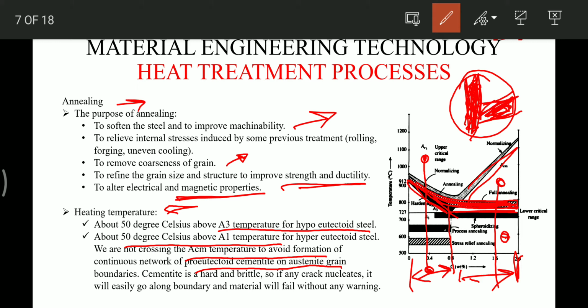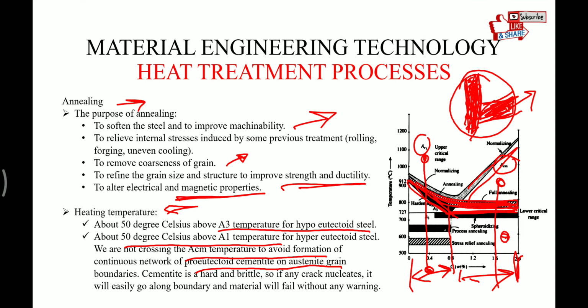To avoid continuous formation of this proeutectoid cementite at the grain boundaries, we are not heating to the ACM temperature, because it is very hard and can lead to nucleation of cracks, and the material will fail without any warning. So in annealing we are just heating to a temperature above the eutectoid temperature for hypereutectoid steels, and for hypoeutectoid steels we are heating above the A3 temperature. Okay friends, this is what we heat to for annealing.